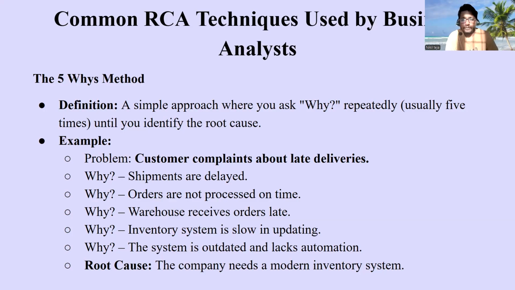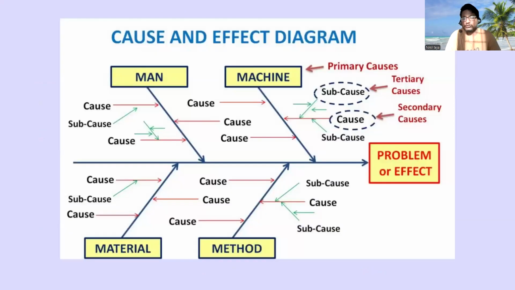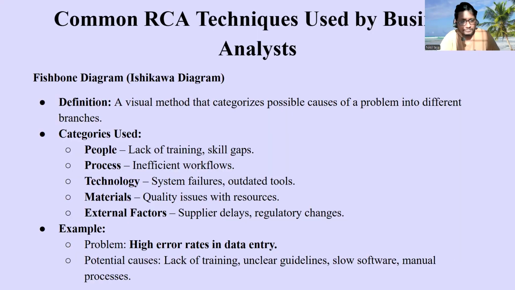Next is the fishbone diagram, a visual method that categorizes possible causes of the problem into different branches. It will look like a fish. I'll show you: this is a fishbone diagram, and these are the branches. It categorizes each cause into each branch. The first category is people: lack of training, skills gap.